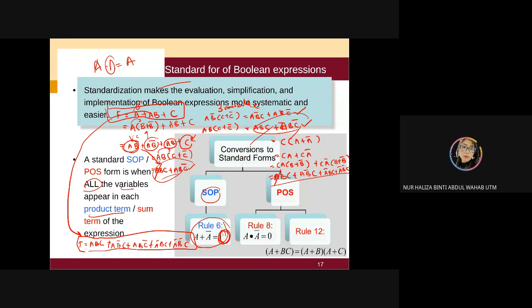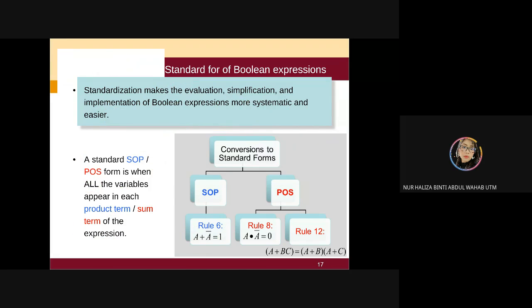So this one is just an example. Later we look at another example, so then you will have a strong understanding. That's why for SOP, to make a standard form, you just need to apply rules number 6 only.